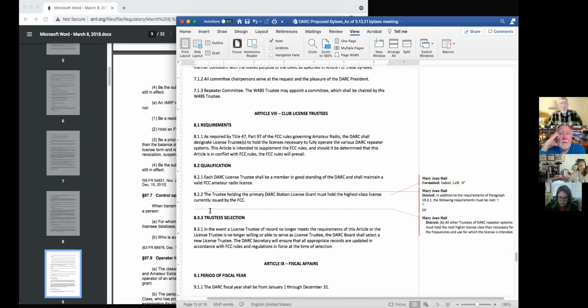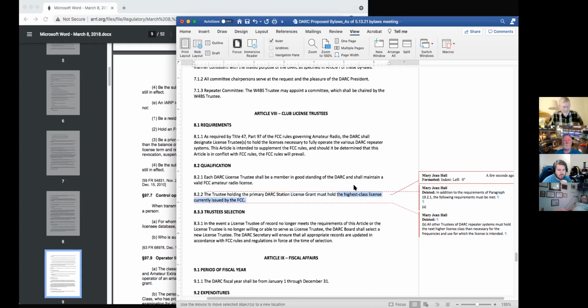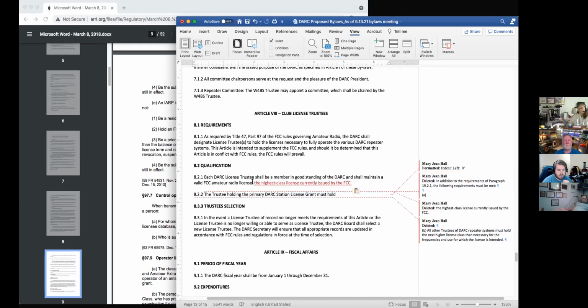On the license, why don't we just say have the highest class valid FCC amateur radio license. I was going to say, do we need to add the word amateur in there? I mean, it's kind of implied, but I thought that was also covered in 5.12. Am I misremembering that?